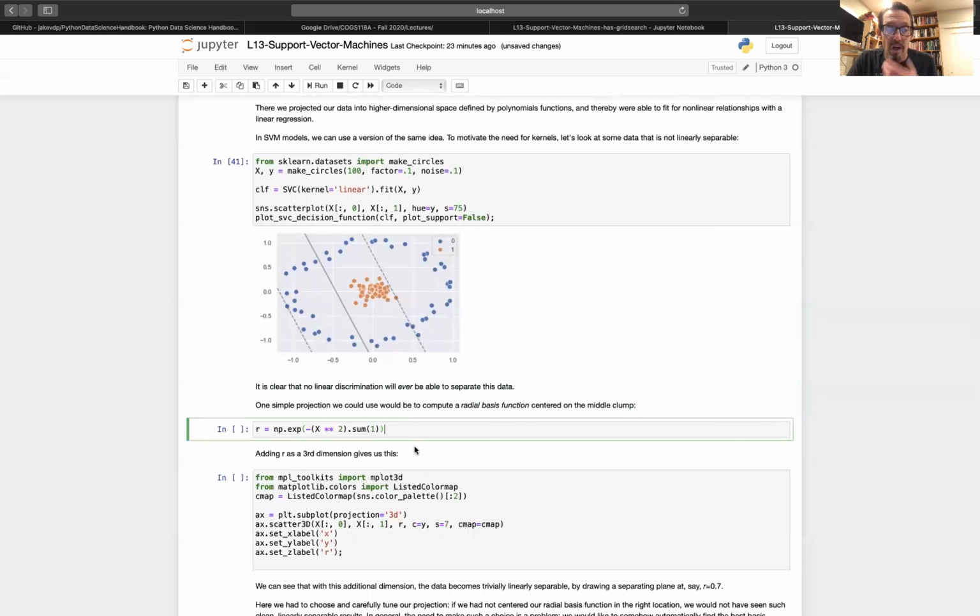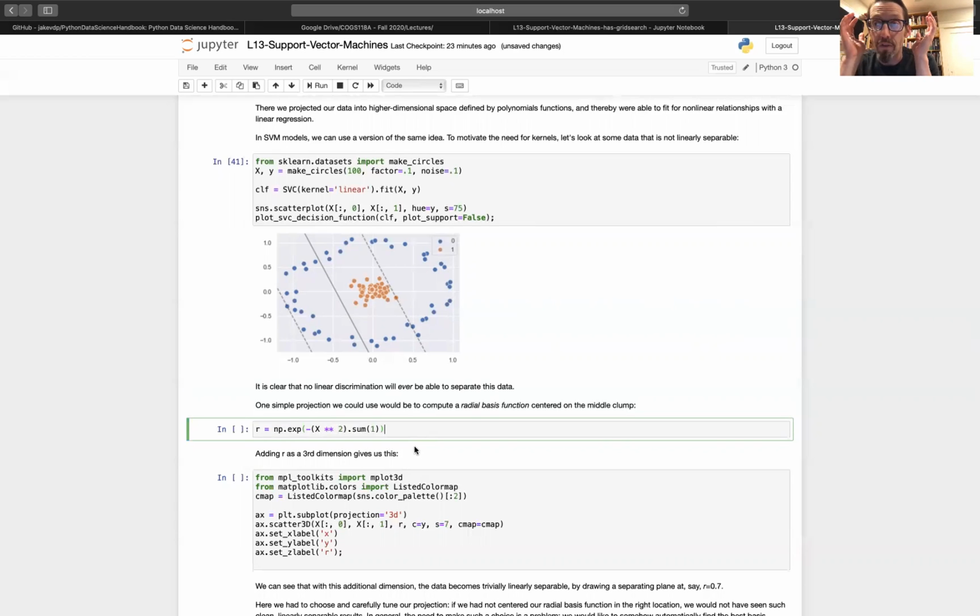So, one way you can do this is you can run a radial basis function, okay? A radial basis function is just something that looks like a Gaussian. Now you can use a real Gaussian for this. The real Gaussian is what was done in the lectures, in Andrew's lecture today, okay?